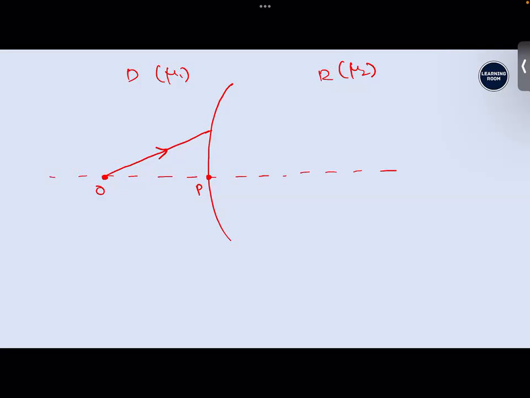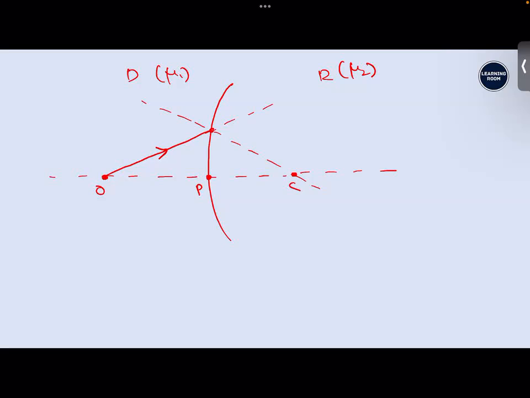How did I ask you to draw the rays? First you take a point object. From there, you have an incident ray. At the point of incidence, what are you supposed to do? Draw a normal. When you draw a normal, that will pass through the center of curvature. This will be the actual path. Then what are you supposed to do?